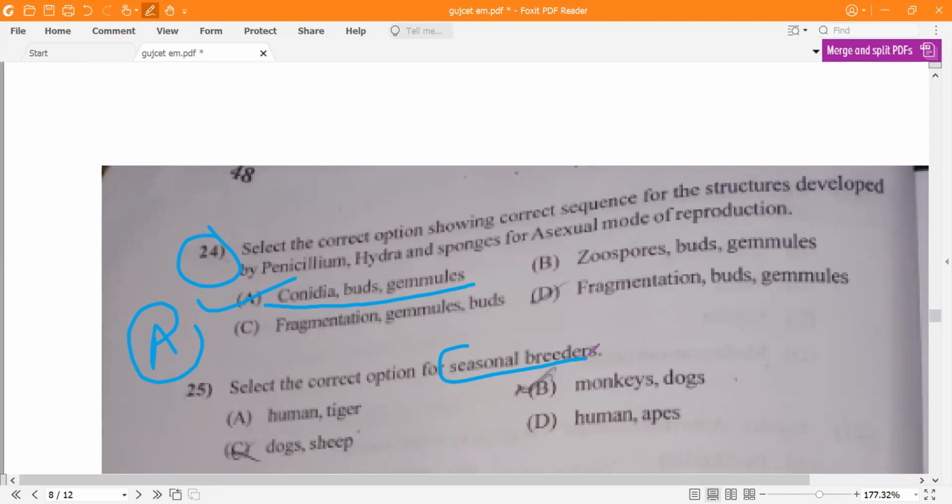It will be some of the normal mammals, not the primates. We cannot say monkeys, and since humans are continuous breeders, it will not come. So it will be dogs and sheep, beta. Dogs and sheep are seasonal breeders, because they have a specific duration only in which they will mate.